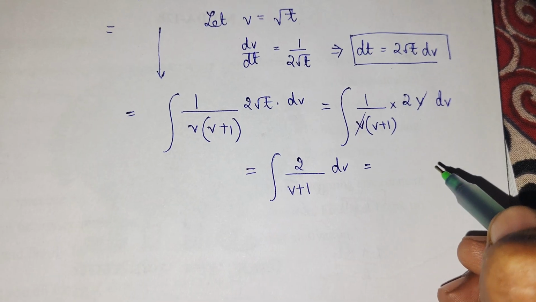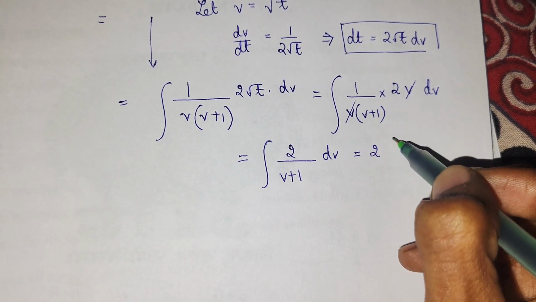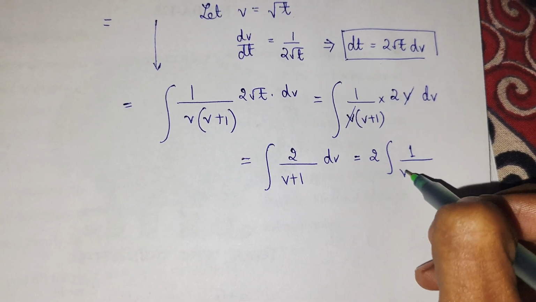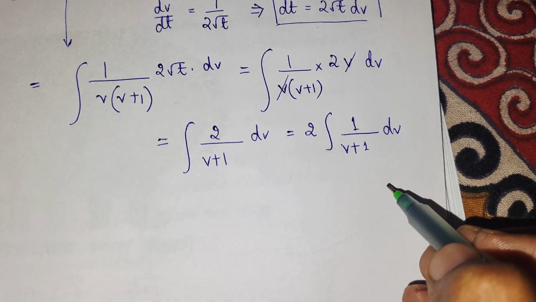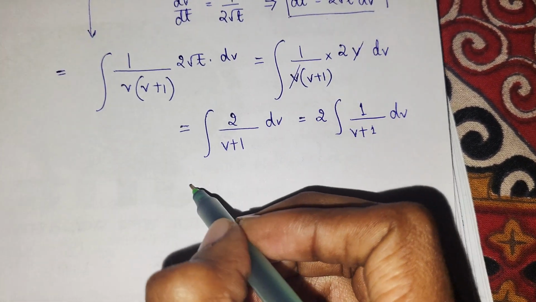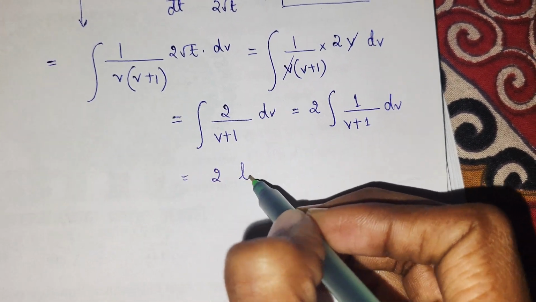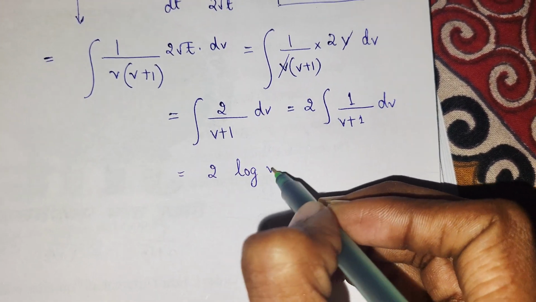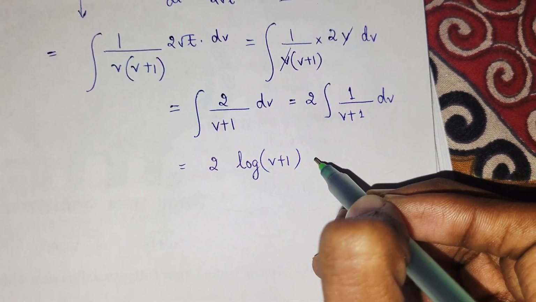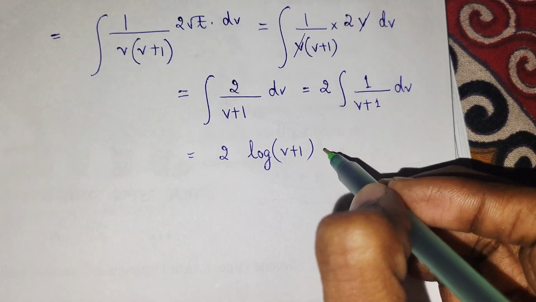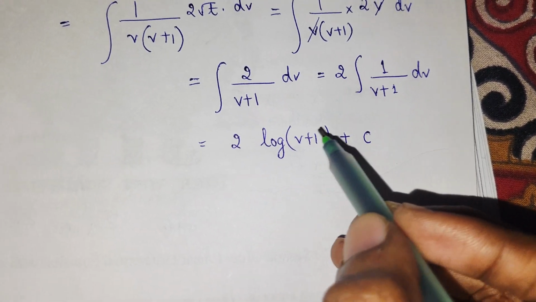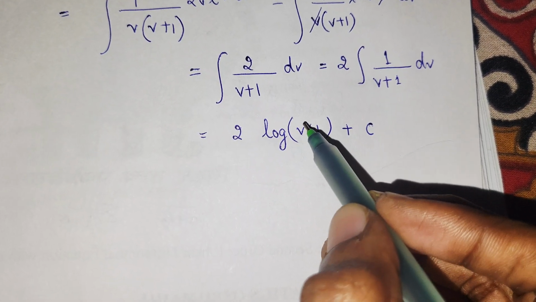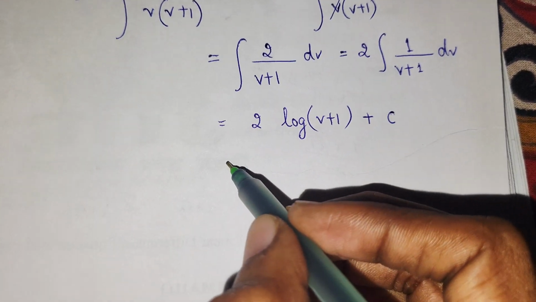We can take the 2 outside, and we'll get 1 upon v plus 1 dv, and we know that the integration of 1 upon v plus 1 will be log of v plus 1, and some constant of integration we can also add. But the question is given in variable t, so we have to replace this v with variable t again.